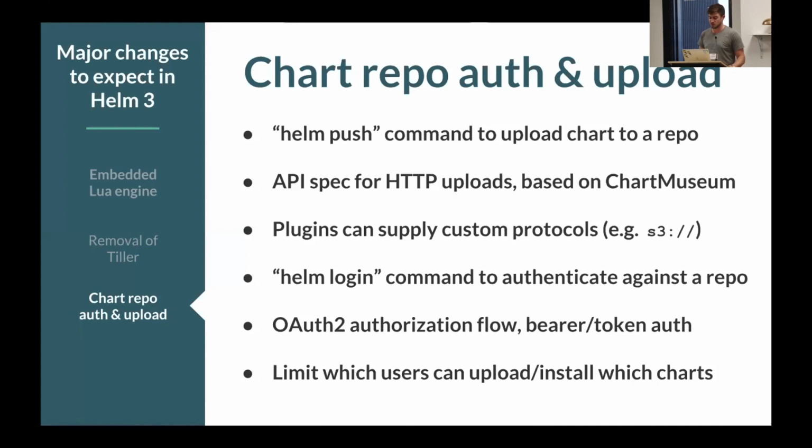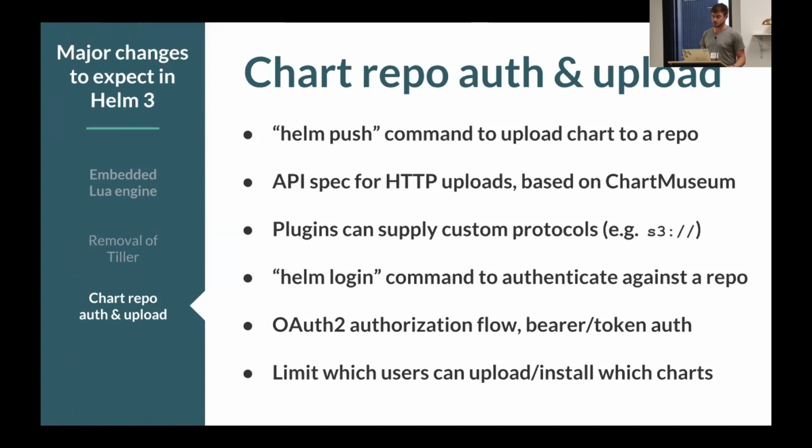So the conversations that are going on is that the API specification that ChartMuseum uses will essentially become a spec, and any server that adheres to the spec for uploads can accept an upload via a helm push command. Similar to the way that downloads work today, plugins can actually specify a different protocol.